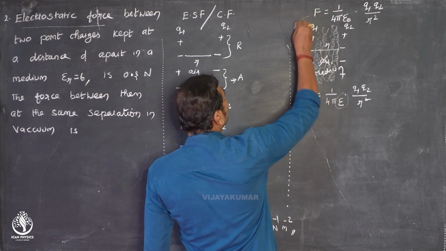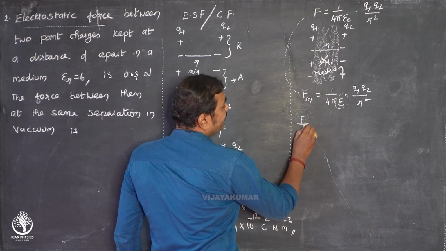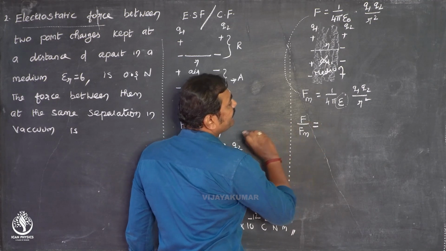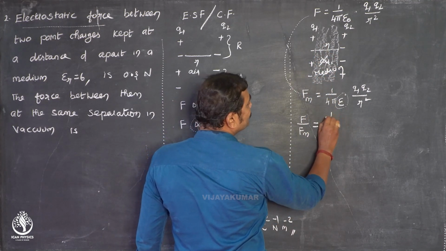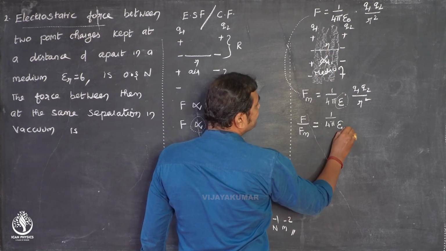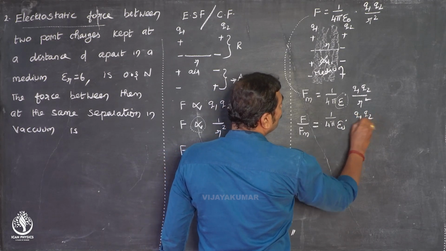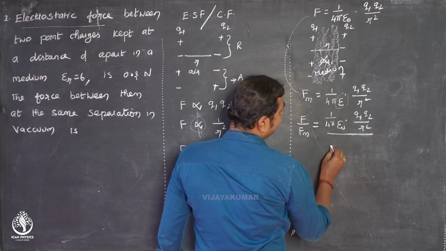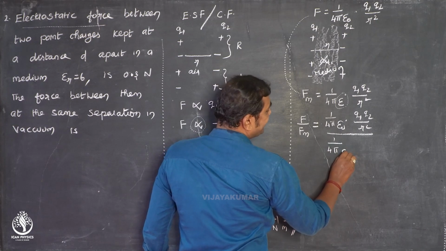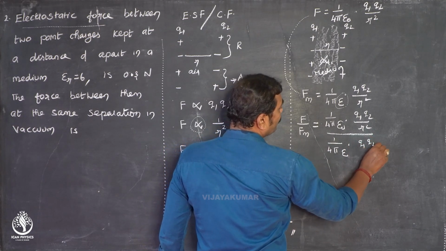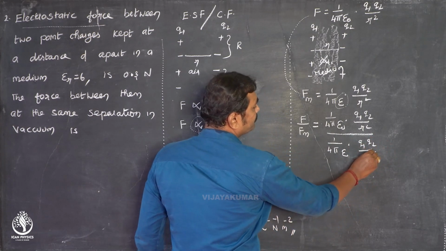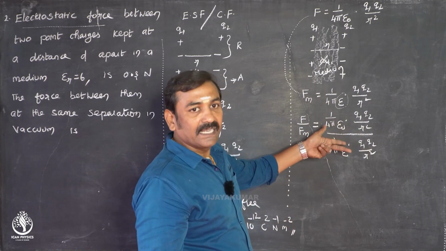Okay. So now we can divide these two. F by Fm equal to 1 by 4 pi epsilon 0 Q1 Q2 by r squared divided by 1 by 4 pi epsilon Q1 Q2 by r squared. Now it becomes reciprocal.